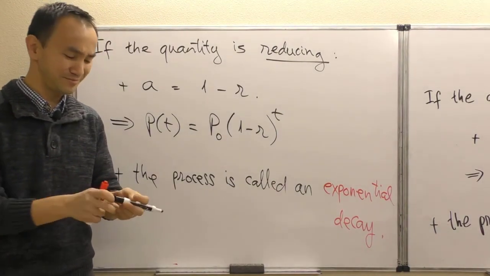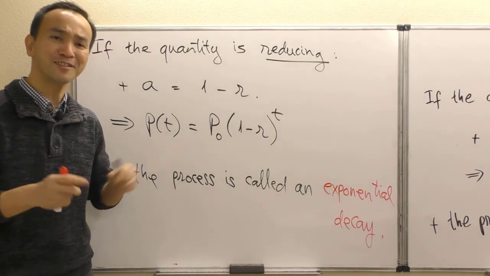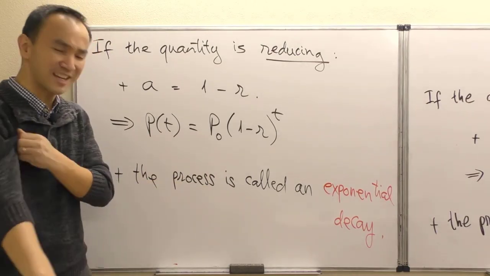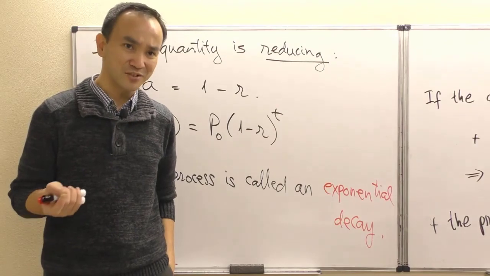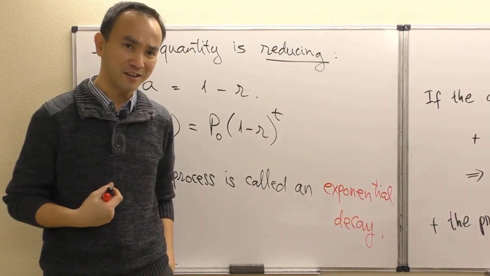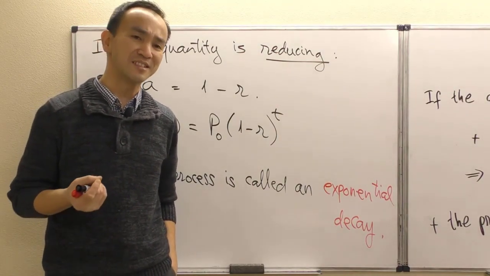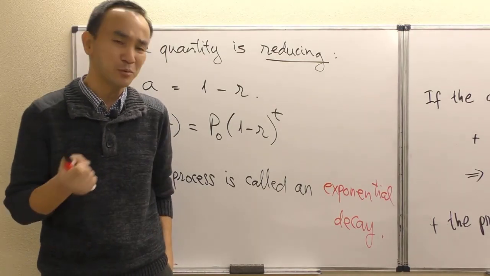You may call this a definition or not, but I highlight the term here. I didn't really intend to treat what I'm writing on the board as a definition of what exponential growth or exponential decay means.